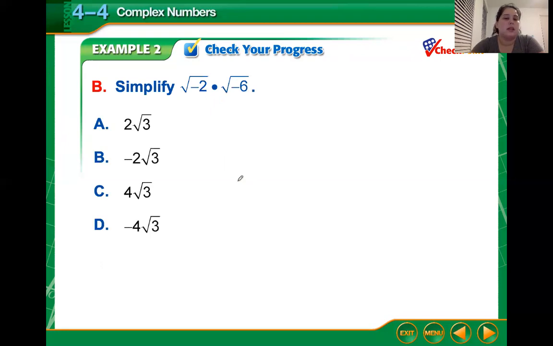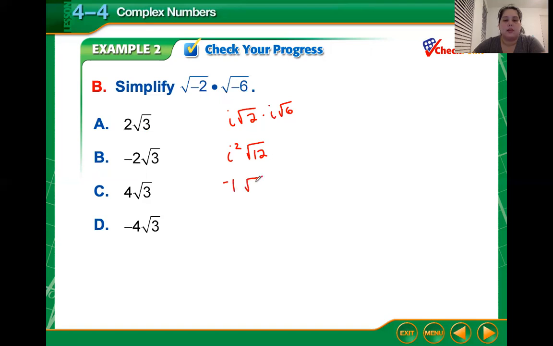We're going to simplify square root of -2 times square root of -6. All right, so the first thing we're going to do is pull out the i's. So we get square root of 2 times i square root of 6. Like with like, so I get i squared and the square root of 12. i squared is -1.